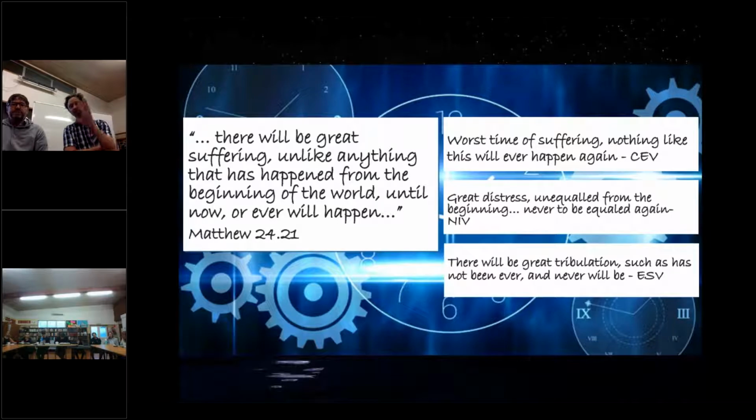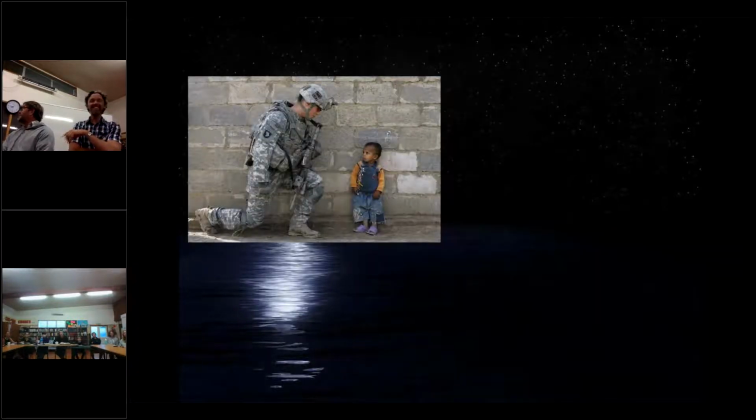We can read it, but it's often good to visualize things. If you've got a soft stomach, maybe turn away now. These are actual iconic photos of war. That one's terrible. That's awful. I believe that was Afghanistan or Sudan.